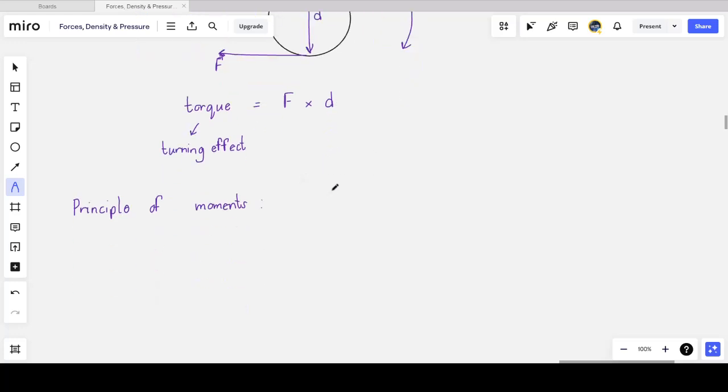It's rotating. So if we want to stop the object from rotating, the principle of moments says that for rotational equilibrium, to make sure there's no net torque on an object, no net moment on an object, for an object to be in rotational equilibrium, the sum of all the clockwise moments on that object must equal the sum of all the anti-clockwise moments.